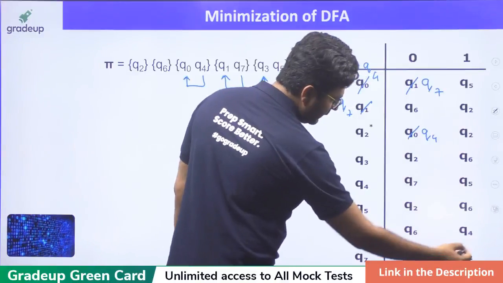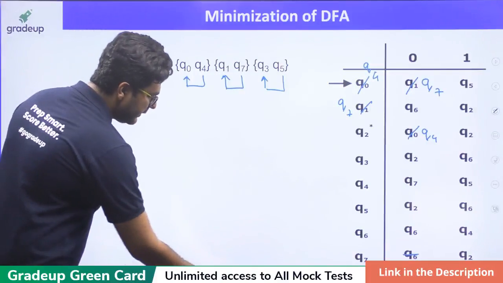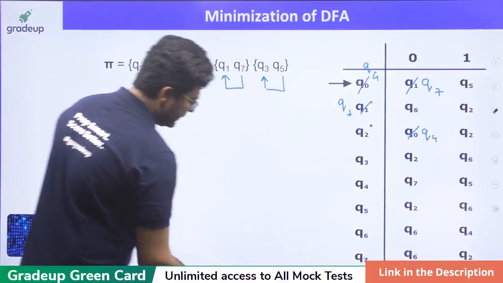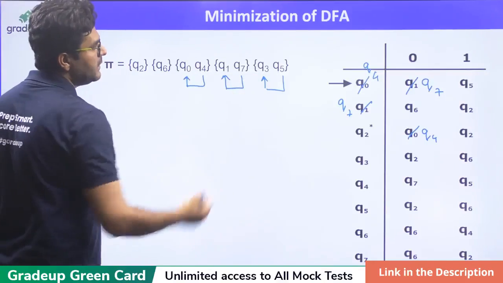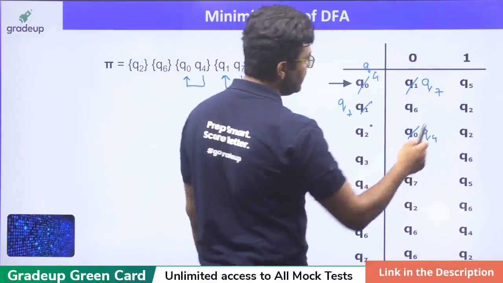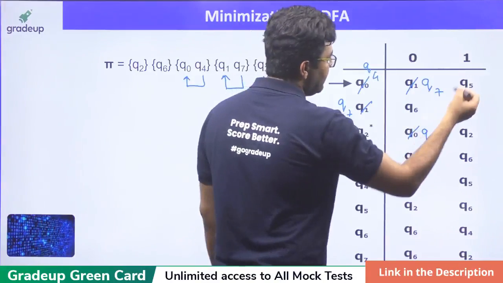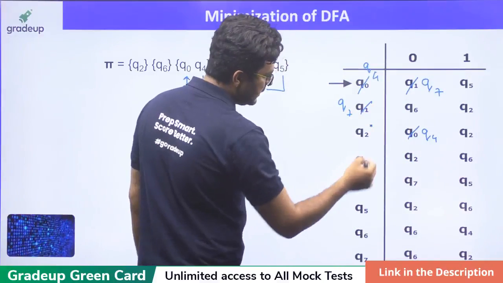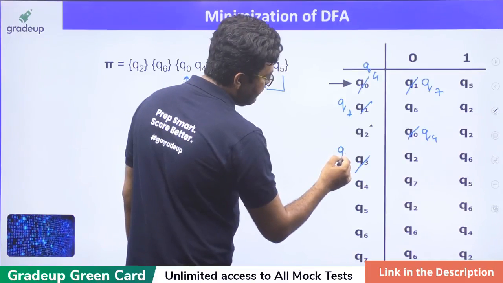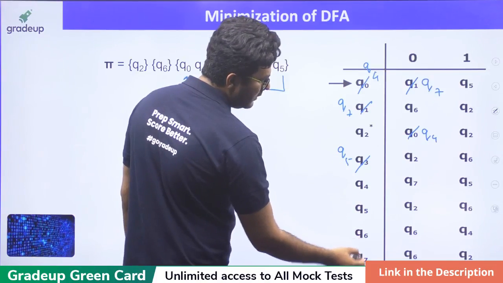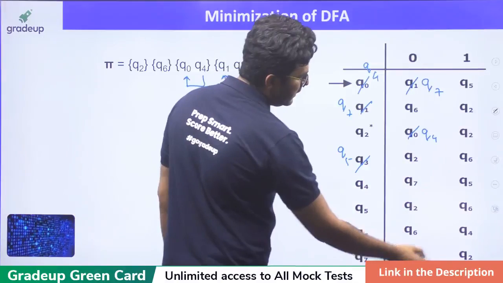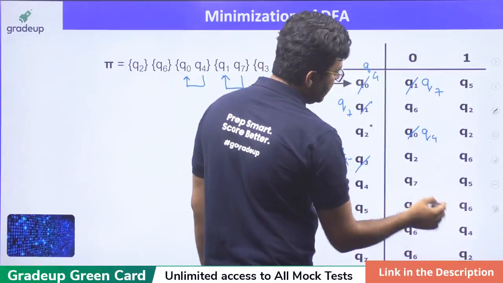No. Next is Q3 with Q5. In place of 3, I'm writing 5. Here is 3. I'm writing 5 over here. Can you see any other 3? No, only one.